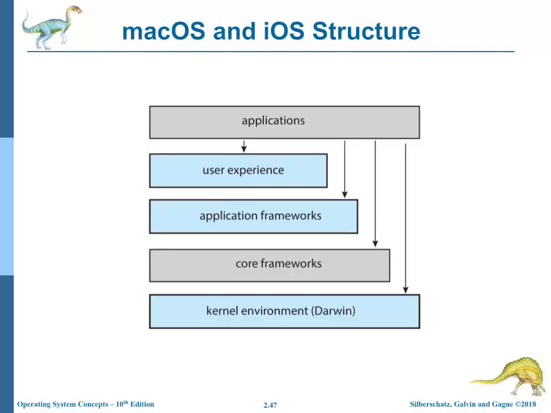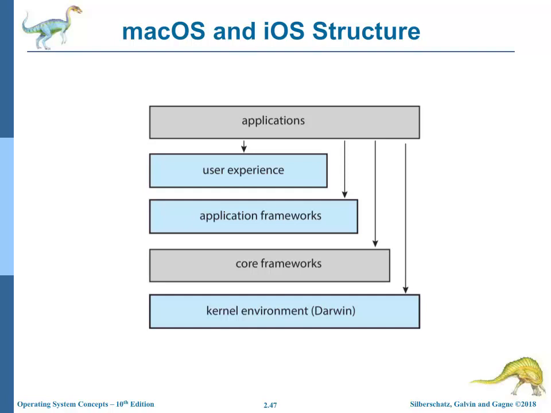Apple's macOS operating system is designed to run primarily on desktop and laptop computer systems, while iOS is a mobile operating system designed for the iPhone and the iPad. This figure shows the general architecture of them.